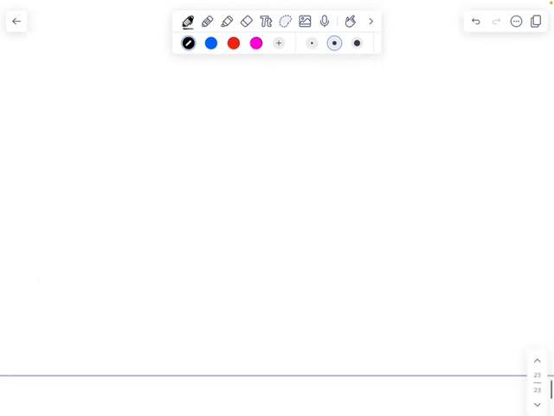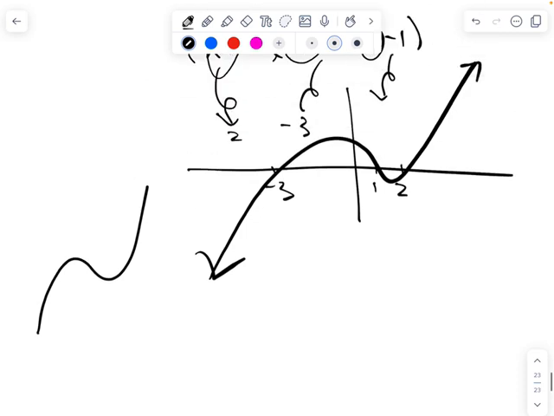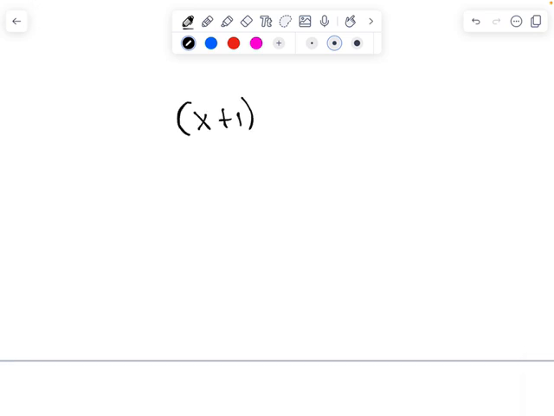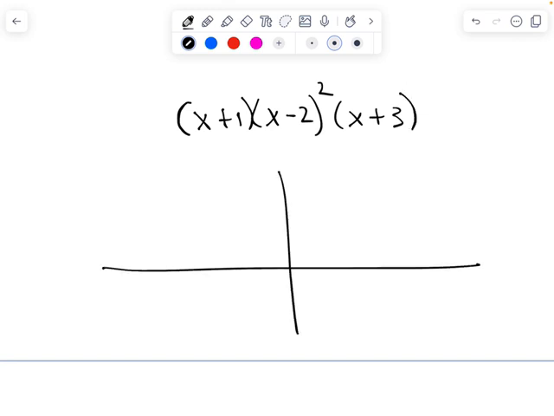Okay, now what happens if you have a double root? If you have a double root like this, (x plus 1)(x minus 2) to the second power (x plus 3). First of all, we draw our roots.